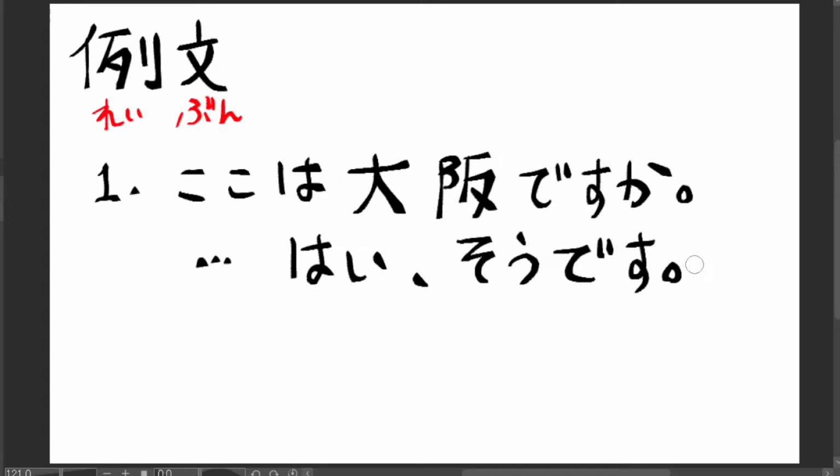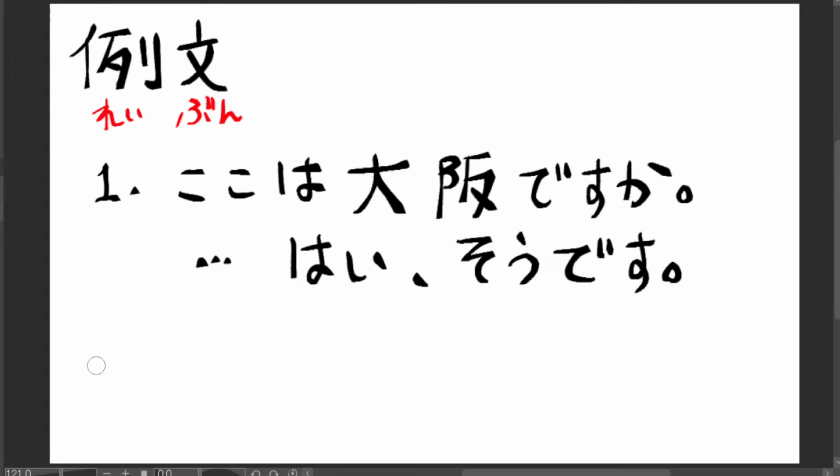Is here Osaka? はい means yes. そうです. That's right.